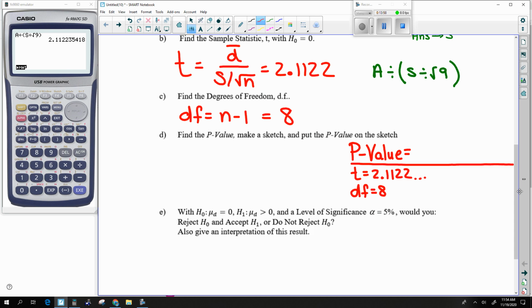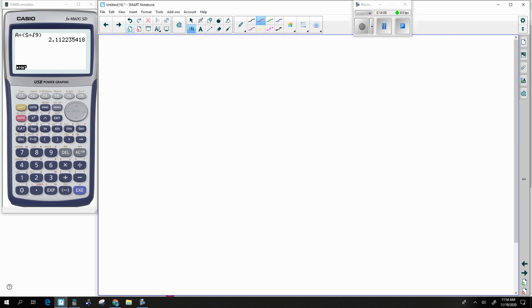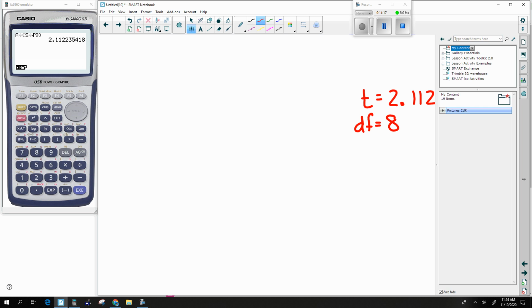Make sure you look this up on the t table. And again, it's exactly how you did last chapter. So you're going to come up with two different values. So 2.1122. Again, make sure you use your t table.